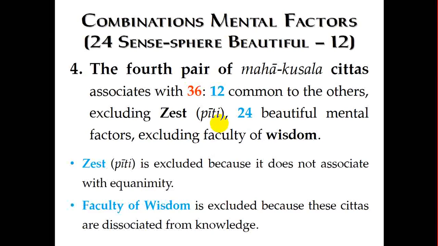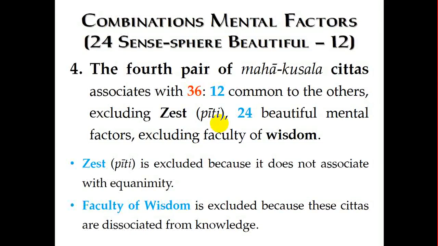For them, there is no need to refrain, because they have already removed all the defilements. We refrain from unwholesome deeds because we have defilements in our mind. Therefore, functional consciousness does not associate with the three abstinences.